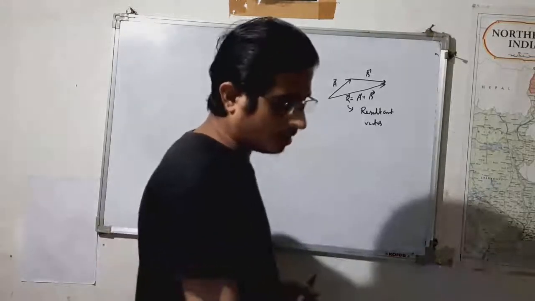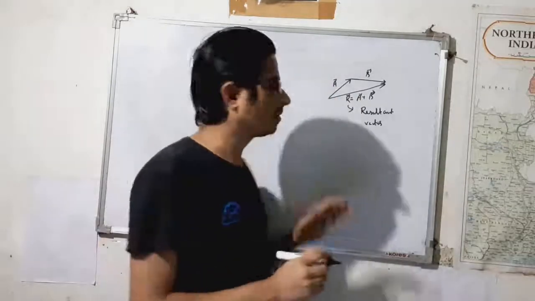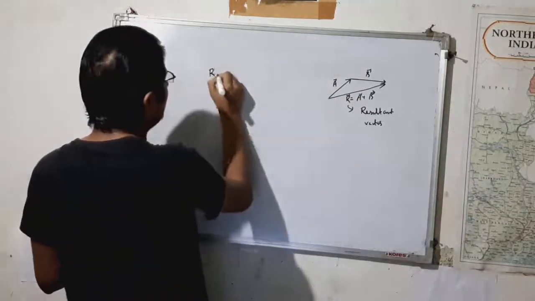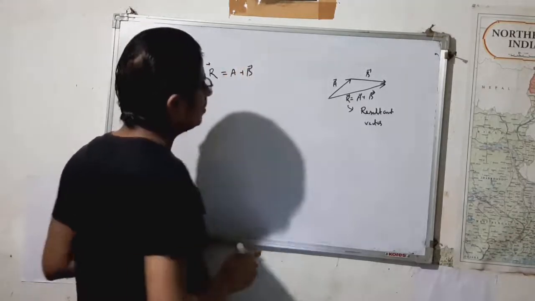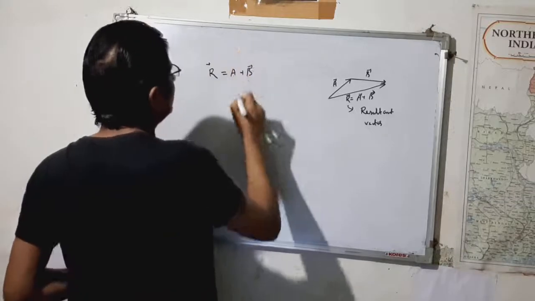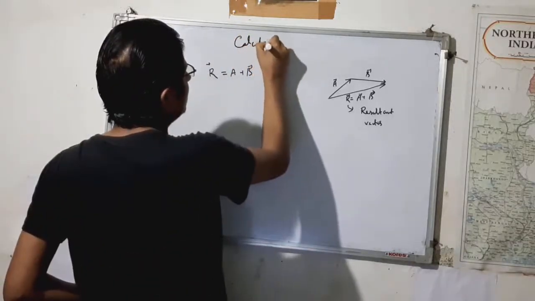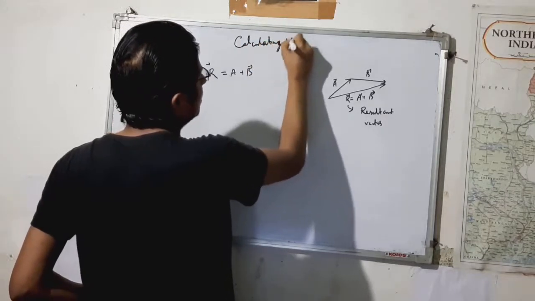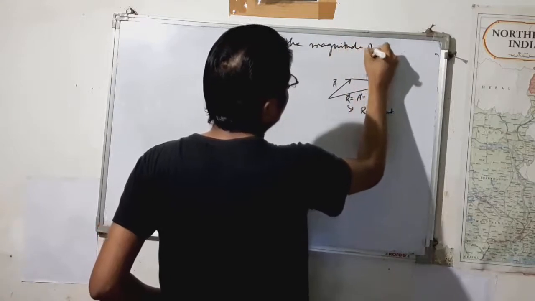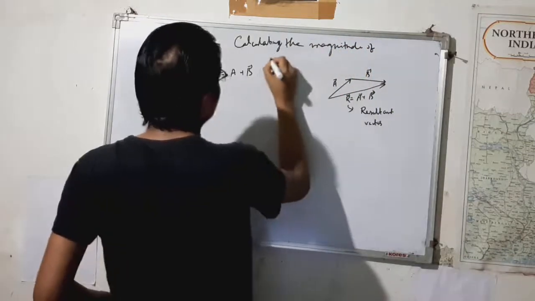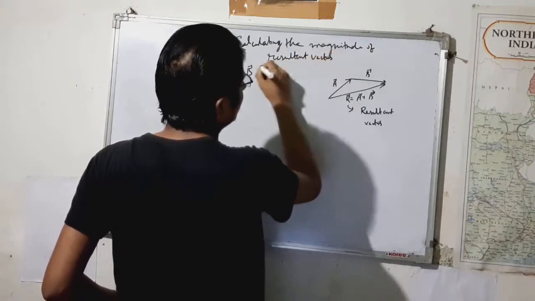Now, how can we calculate the magnitude of R? Since R is equal to A plus B, we are calculating the magnitude of the resultant vector.